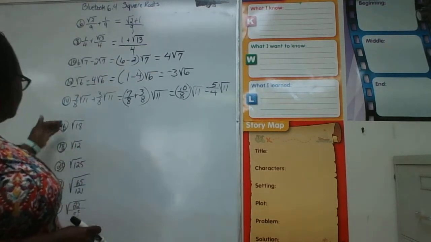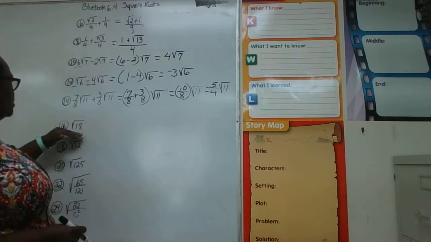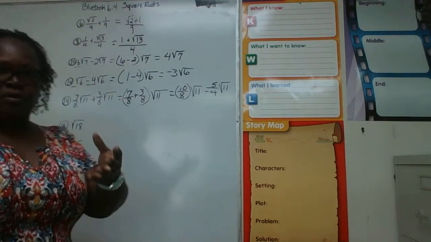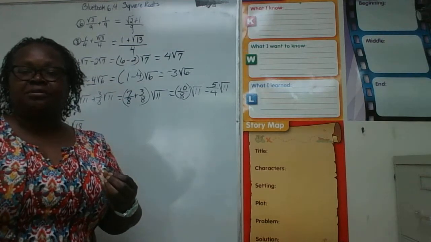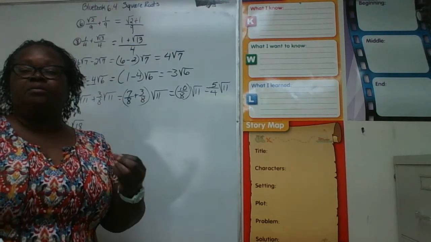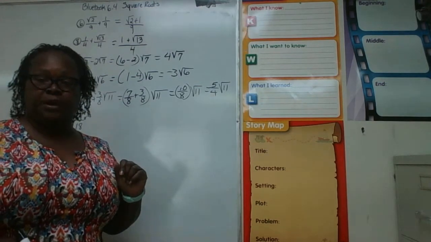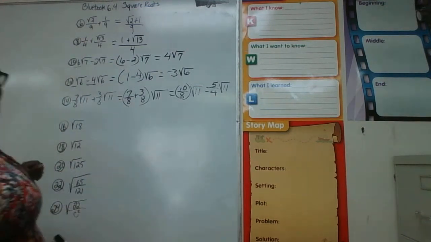Let's move on. From 16 to 24, we're simplifying the square root by finding 2 factors that can be multiplied, with one of the factors being a perfect square. Let's take a look at it.